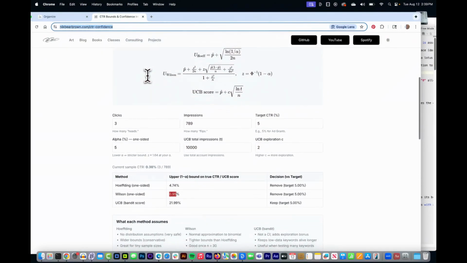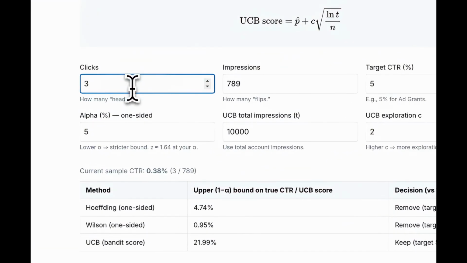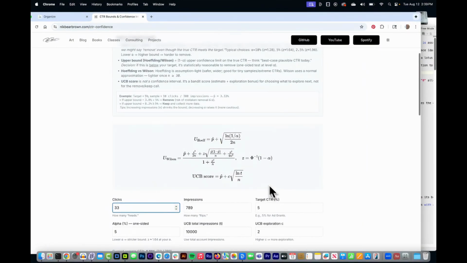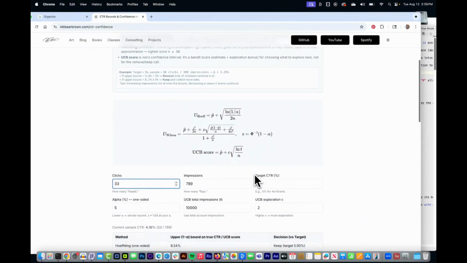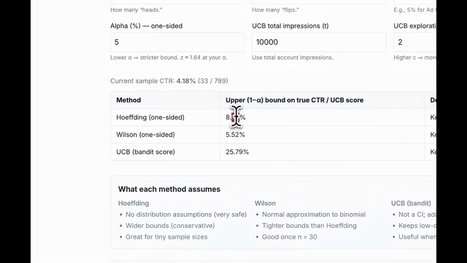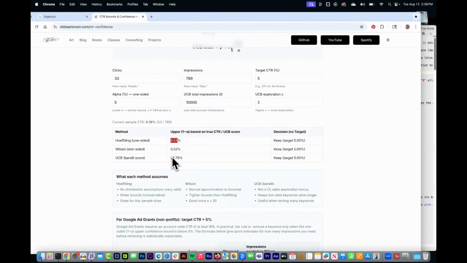But it'll allow you just to download all your keywords and then make decisions of whether to keep it or remove it. So in this case, if this were this poor, we would remove it. If it were better than that, we would keep it. But this is a way of formally calculating a confidence interval in an optimistic way, meaning what these percentages are saying is it's reasonable, it's possible to get something as high as 8.5%.